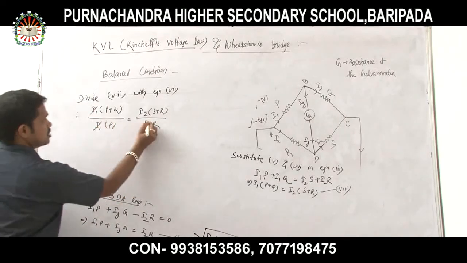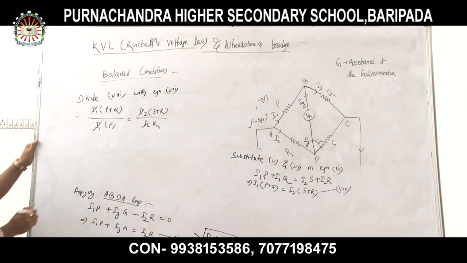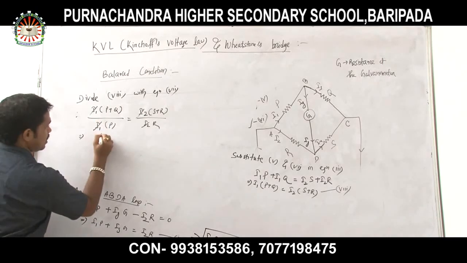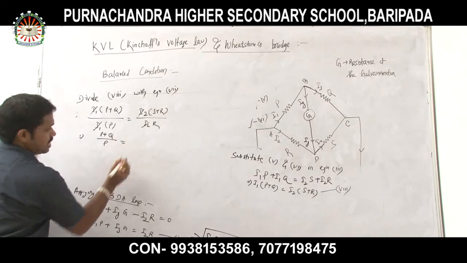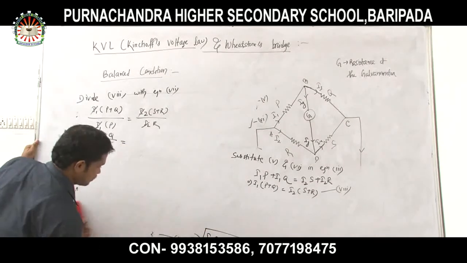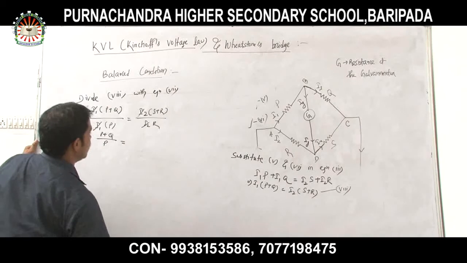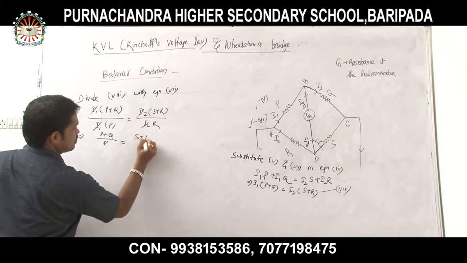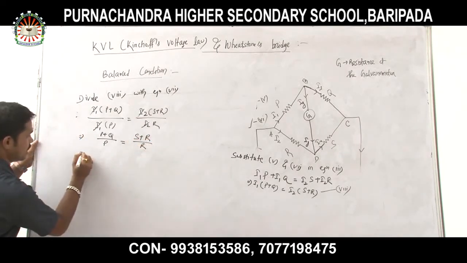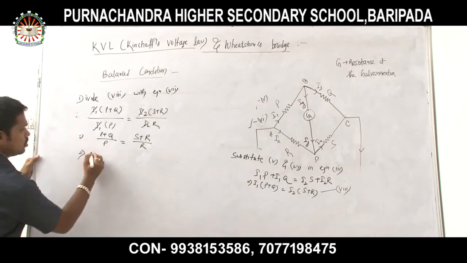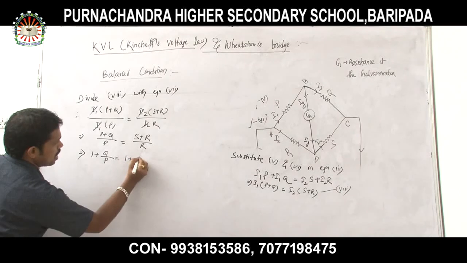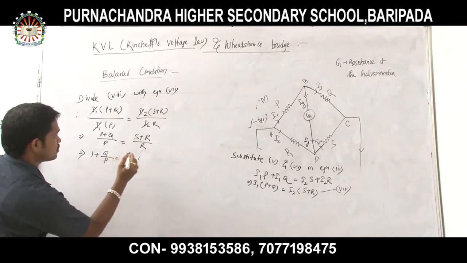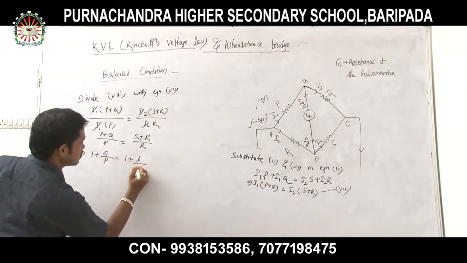Finished. These are cancelled out. So what will I have left? Now P plus Q divided by P is equal to S plus R divided by R. So 1 plus Q by P is equal to 1 plus S by R.